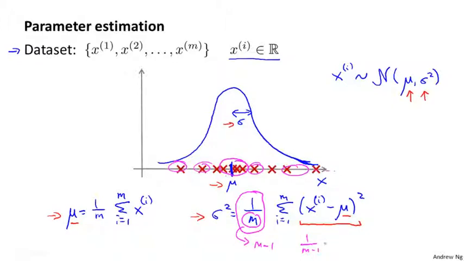So in case you've seen the other version before, either version works just about equally well, but in machine learning most people tend to use 1 over m. The two versions have slightly different theoretical and mathematical properties, but in practice it makes very little difference, if any.